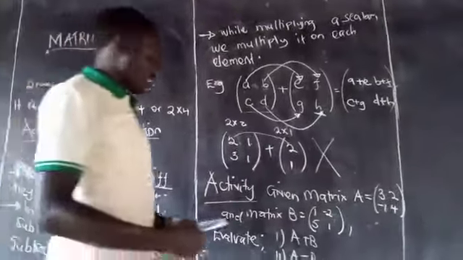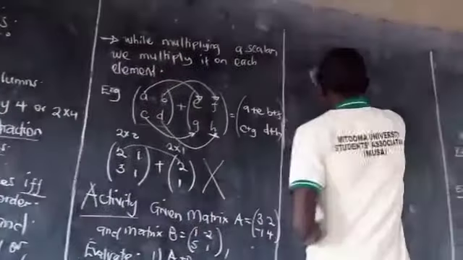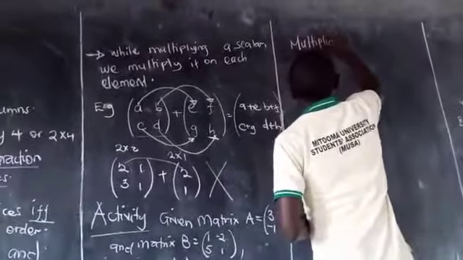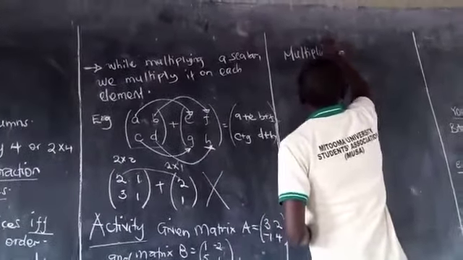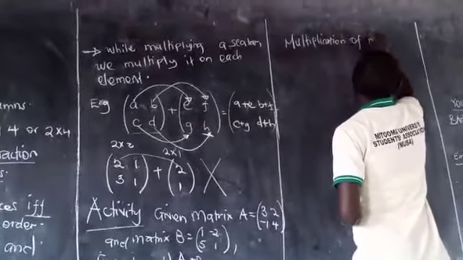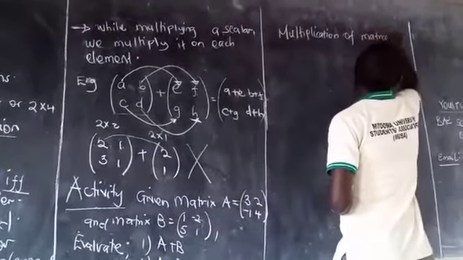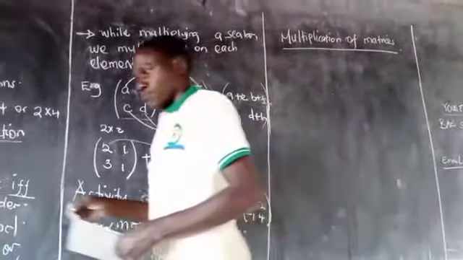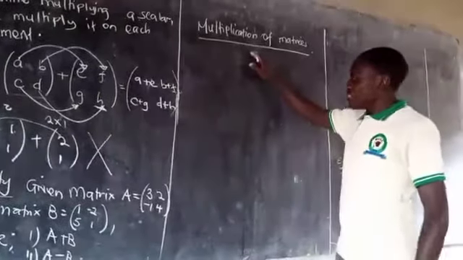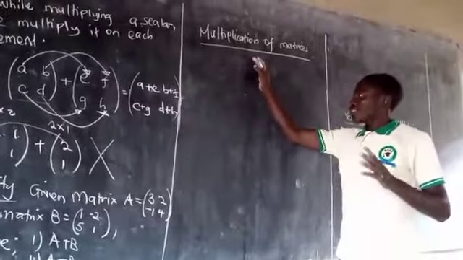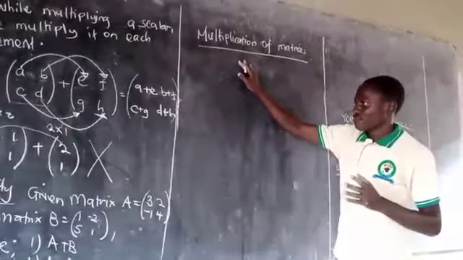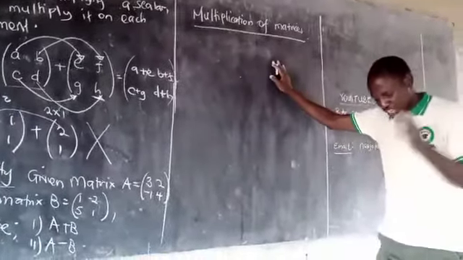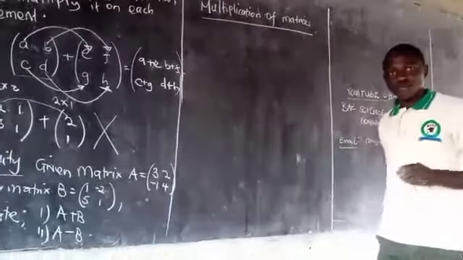Now, aspect number 2, we shall go to multiplication of matrices. Matrices can be multiplied if and only if they are compatible.